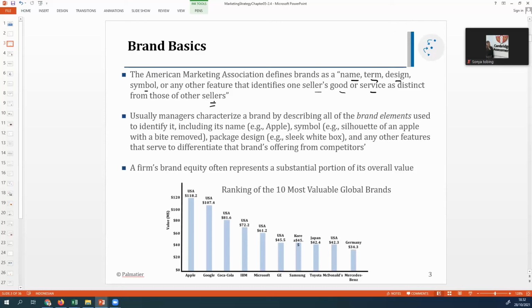Usually, managers characterize their brand by describing the brand elements to identify themselves, such as Apple. We see the apple with the half bite, and many other features that differentiate the brand offering from competitors.